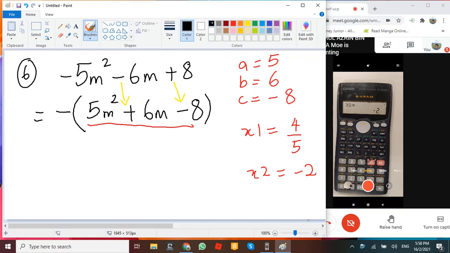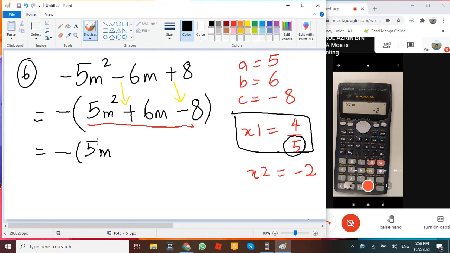Now to get the answer, we write here equal negative, don't forget, and then open bracket. So the variable is m. We start with the denominator for the first value here, so we write 5 in front of the variable, 5m.